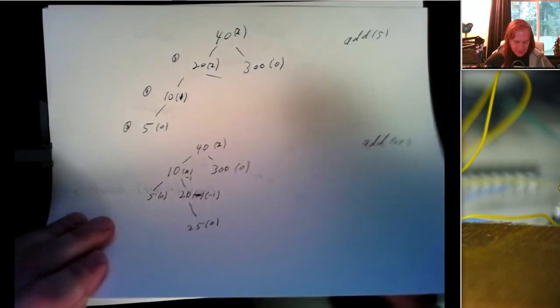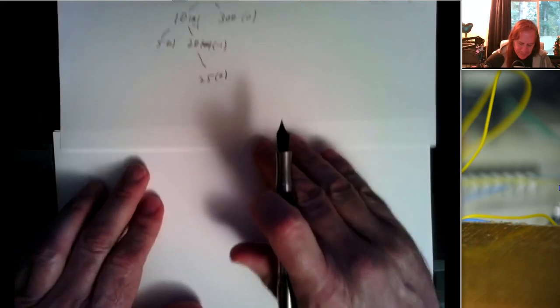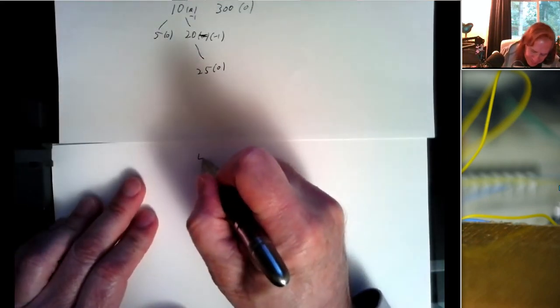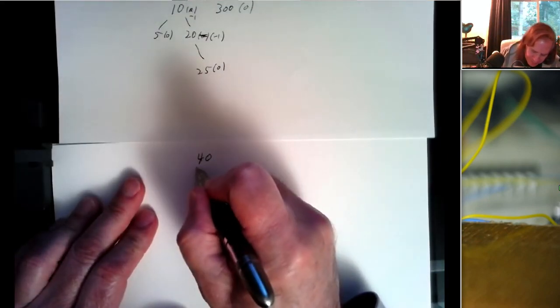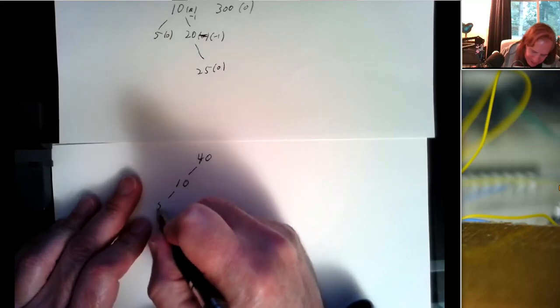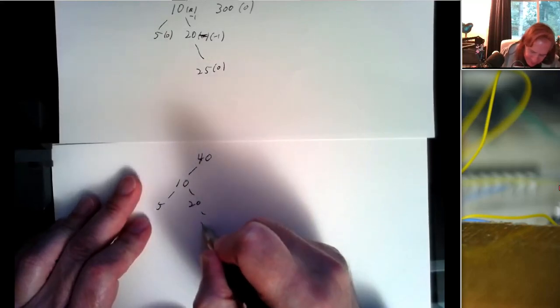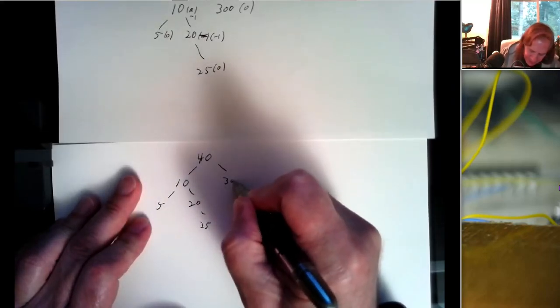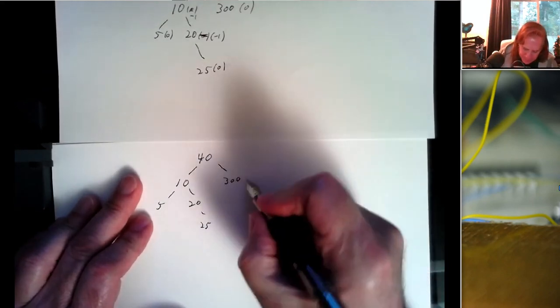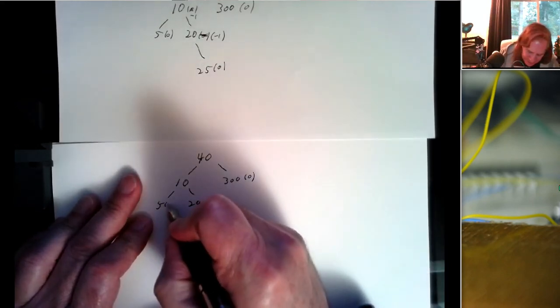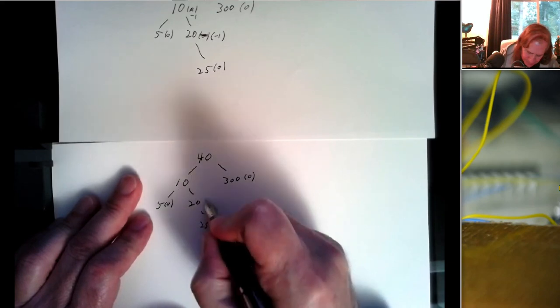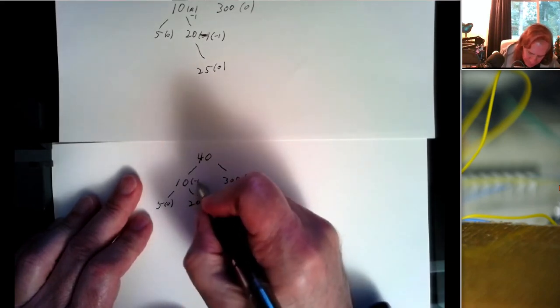Alright, let me just redraw this tree so that we have more space on the page. So we've got a 40, left child of 10, 5, 20, 25, and 300. It's a balance factor of 0.